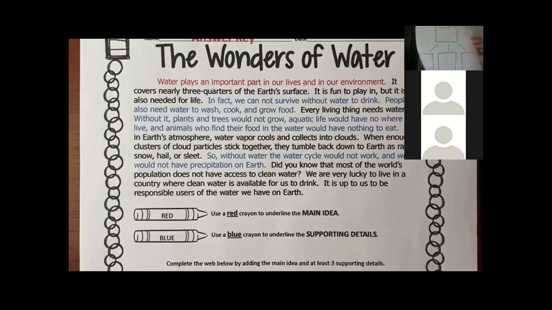And when we put them in this chart, what does it help us do? It's going to help us summarize the entire text, because we don't want to go home and say, Mom, water is important, and then start reading the entire passage. We want to be really quick, because that will help you be interesting.